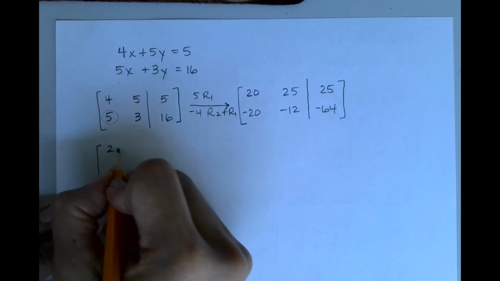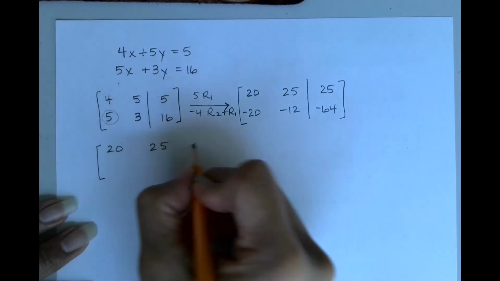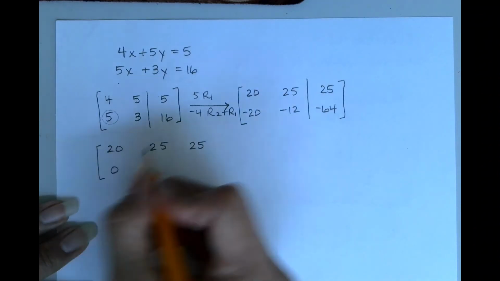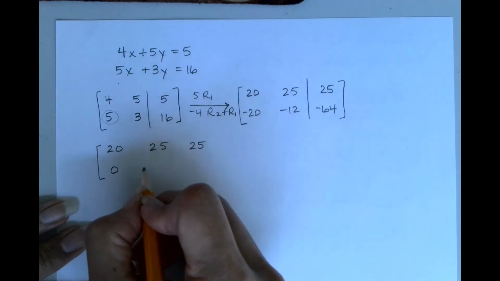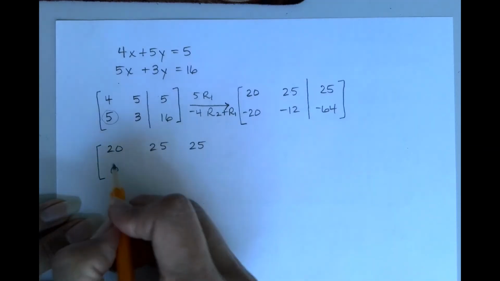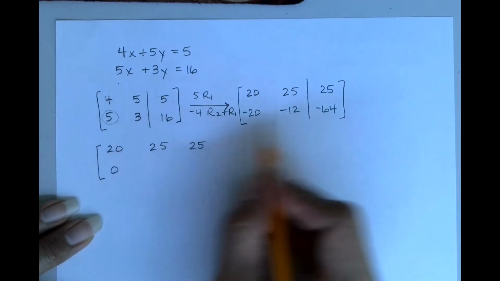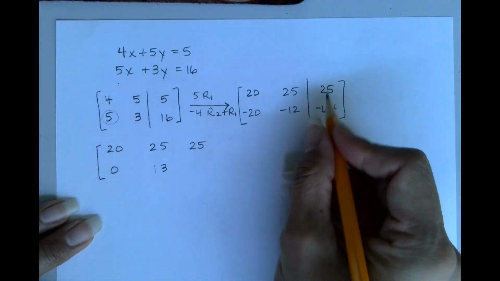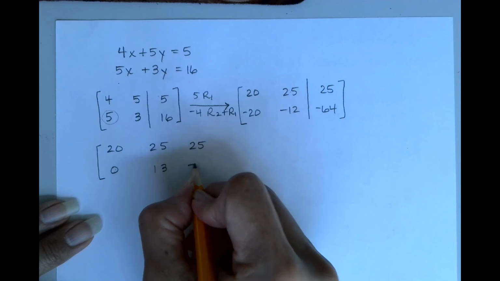So I'm going to bring this 20, 25, and 25 over, and when I add that, I'm getting 0, -20 plus 20 is 0, -12 plus 25, I'm getting 13, and -64 plus 25, I'm getting a 39.